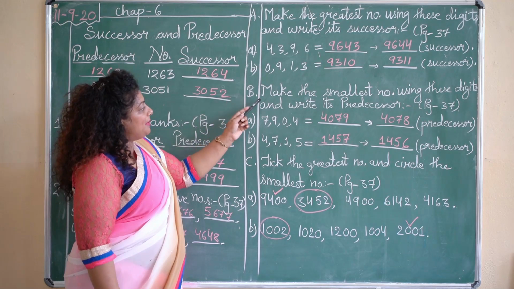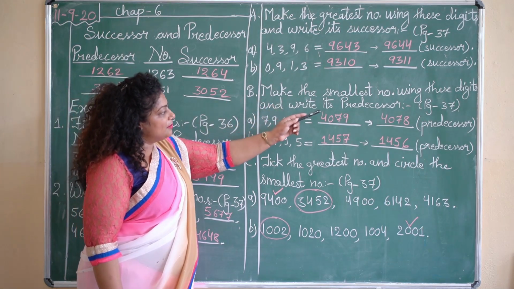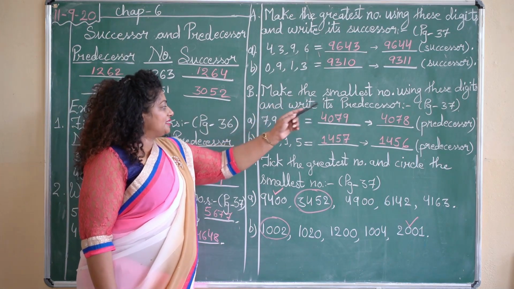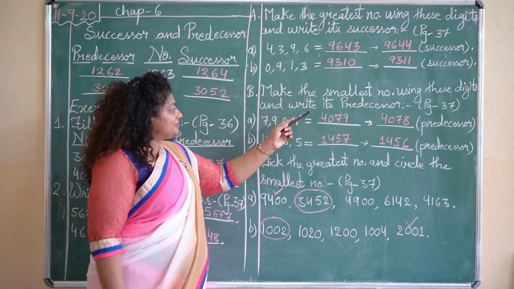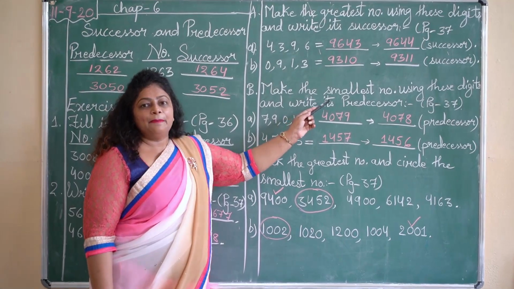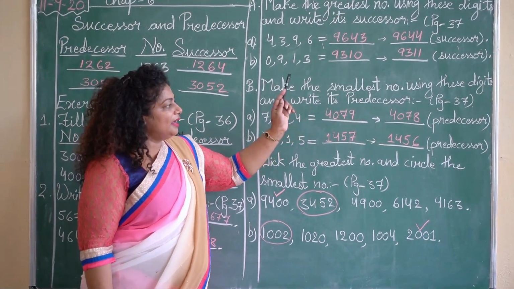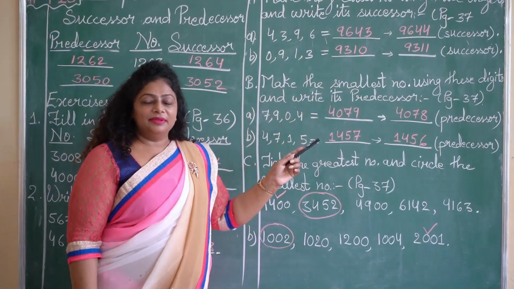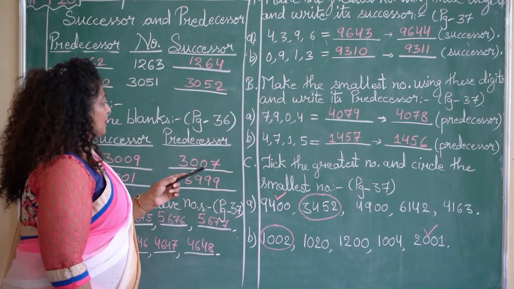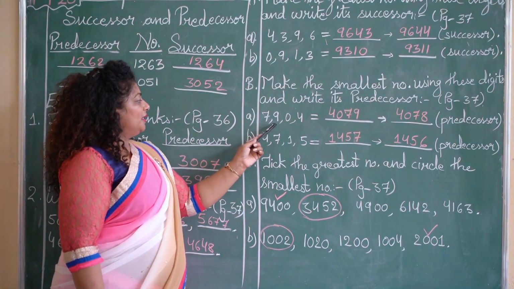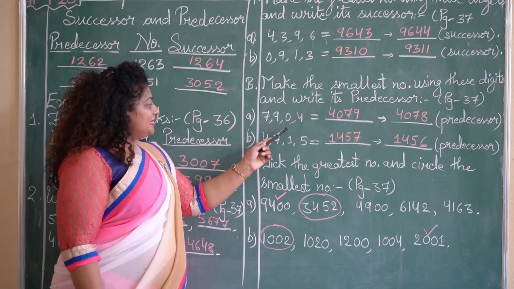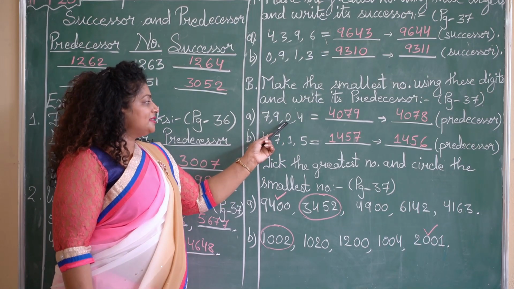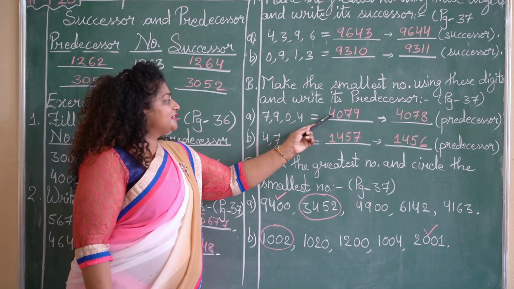Okay. Now let's come to other exercise. B dot. Make the smallest number using these digits. These digits are given and we have to make the smallest number and write its predecessor. It is also given on page number 37. Okay. First 7, 9, 0, 4. Since children, here 0 is the smallest number, but we can't write 0 over here.